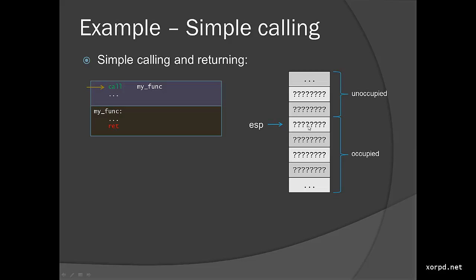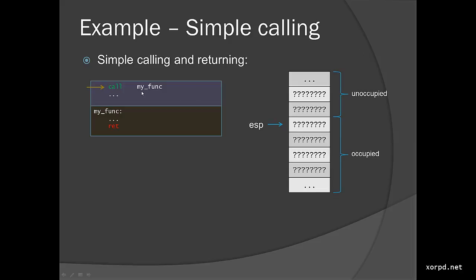Basically, we assume that from here all the way to the bottom, we have some D words which have some kind of meaning. They are already inside the stack. And this is the free space where we can add more D words. As an example, the next D word which is going to be pushed into the stack is going to be here. And the next one is going to be here. And so on.